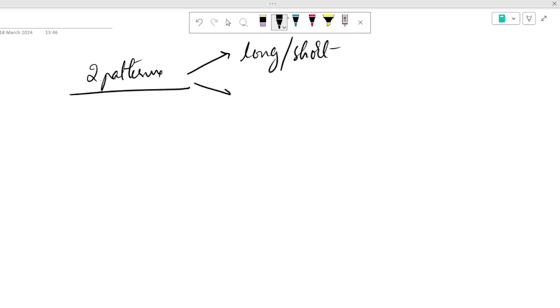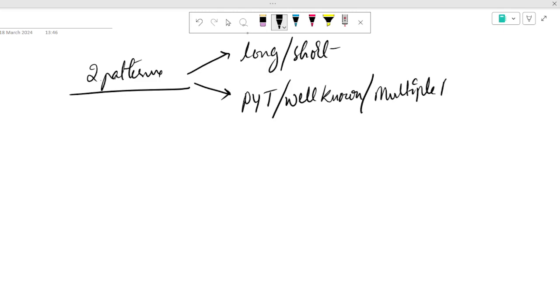The second is whether the question is very well known by you, that is, a previous topic, a well-known topic, or a topic you have revised multiple times. As soon as you get an MCQ, check these two criteria.